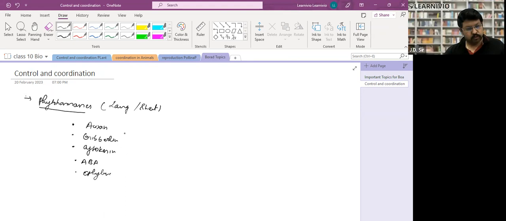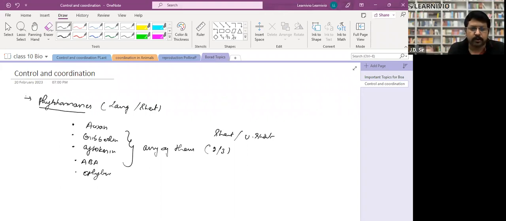They can ask you any of them, and you will get a 2 or 3 mark question, which means it may be short or very short. So the chances of a short question being asked from this chapter are higher.